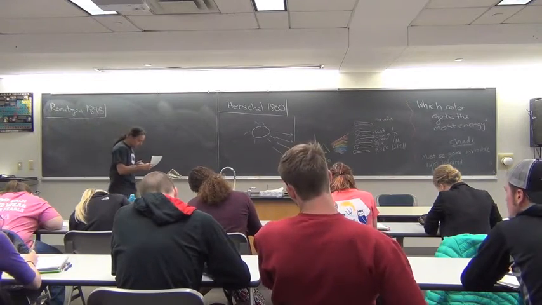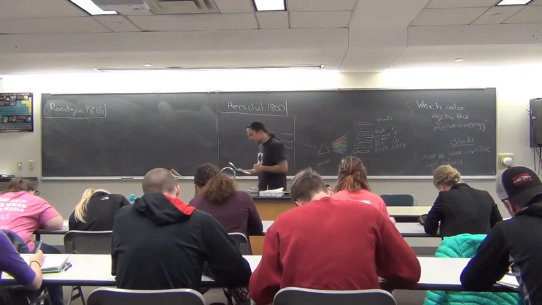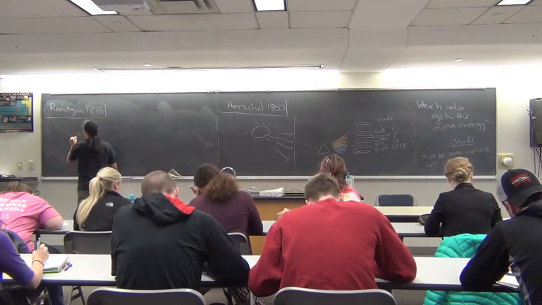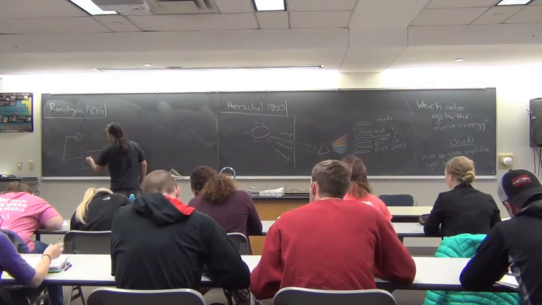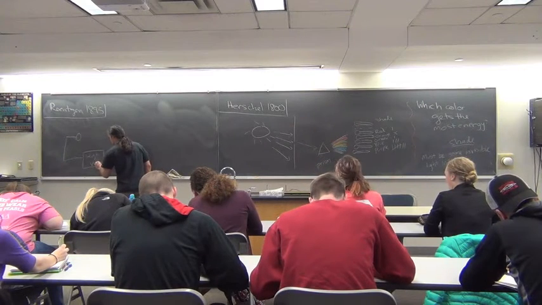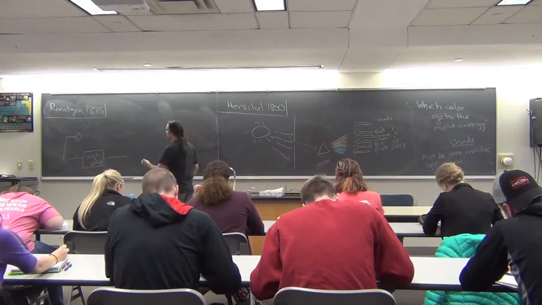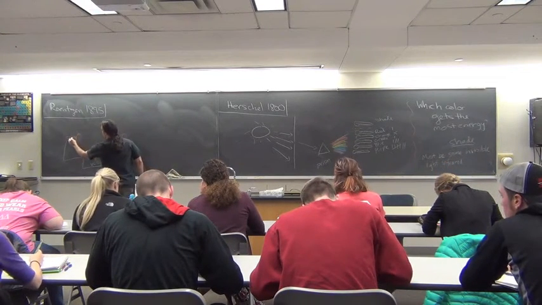Rontgen did this experiment. This one's a little bit more directly correlated with electricity because it involves actual electrons. Rontgen took a high voltage source. This was in a tube.